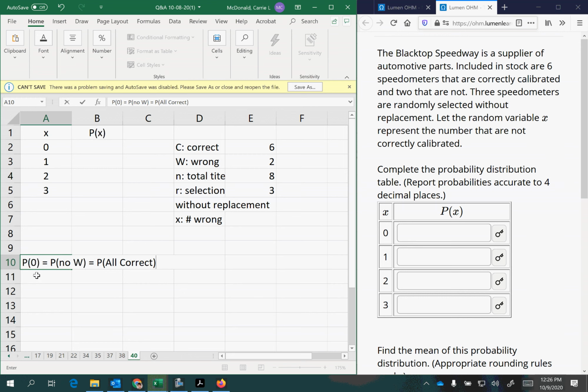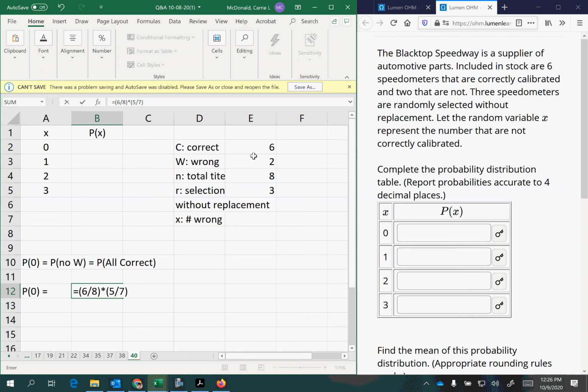So how are we going to figure this out? What is the probability that none are wrong? Well, on the first selection, how many wrong are available? There's 2, right? And how many are correct? Because I want this to be one that's not wrong, I should do 6 out of 8 for the first selection, times, on the second selection, 5 out of 7.